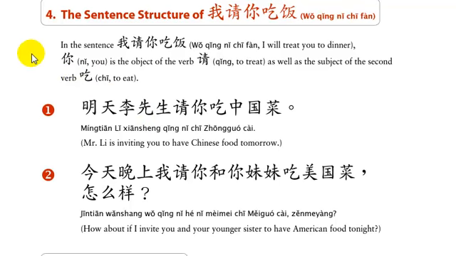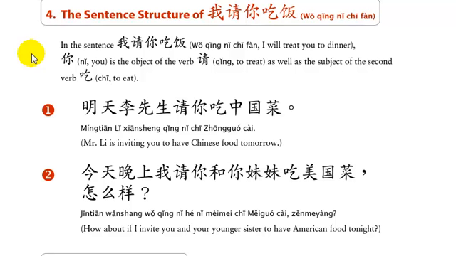Now, one thing I want to point out is the verb take. Chinese have a verb for take, and in English we say to take someone out to dinner. I'm going to take my parents out to dinner, take my wife out to dinner, take some friends out to dinner. This is the verb that we use when we're going to treat someone to dinner. But if you use the Chinese verb for take, which is 拿, for example, and you say 我拿你吃饭, no one is going to understand what you're saying.